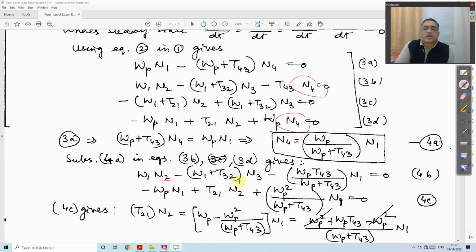So it gives an equation between N1 and N2. So easily N2 can be obtained.